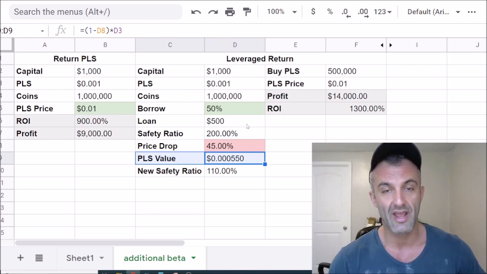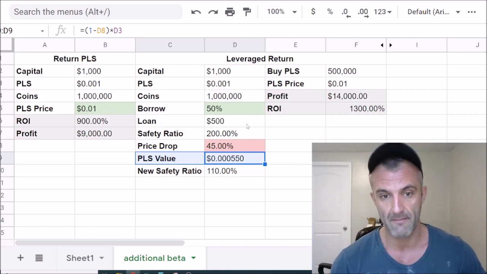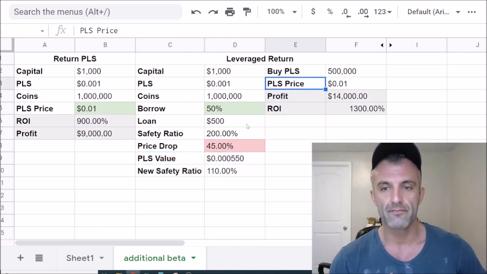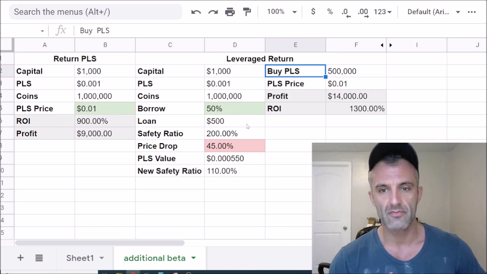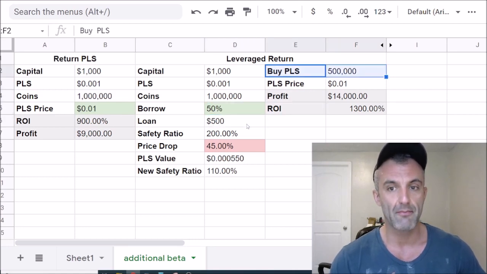This is the price Pulse would have to be for your loan to be liquidated.